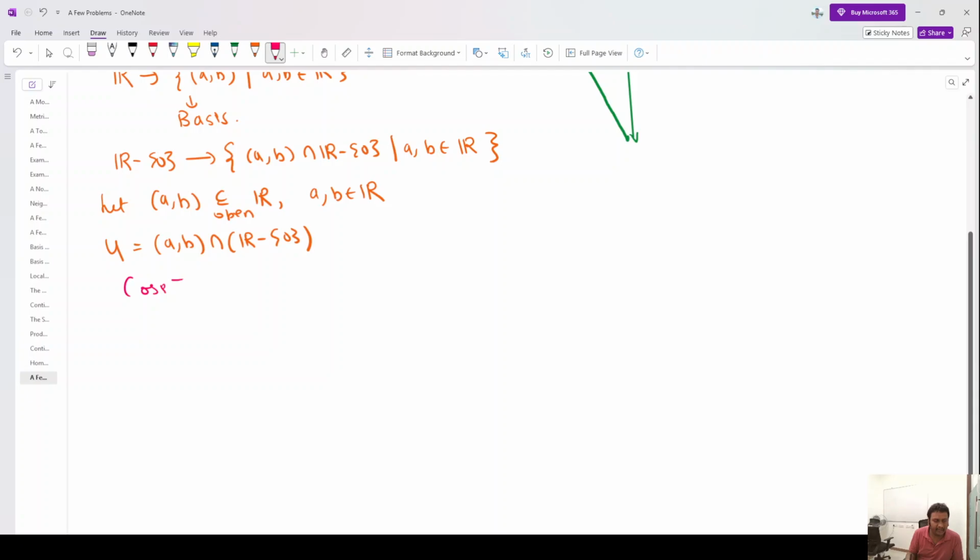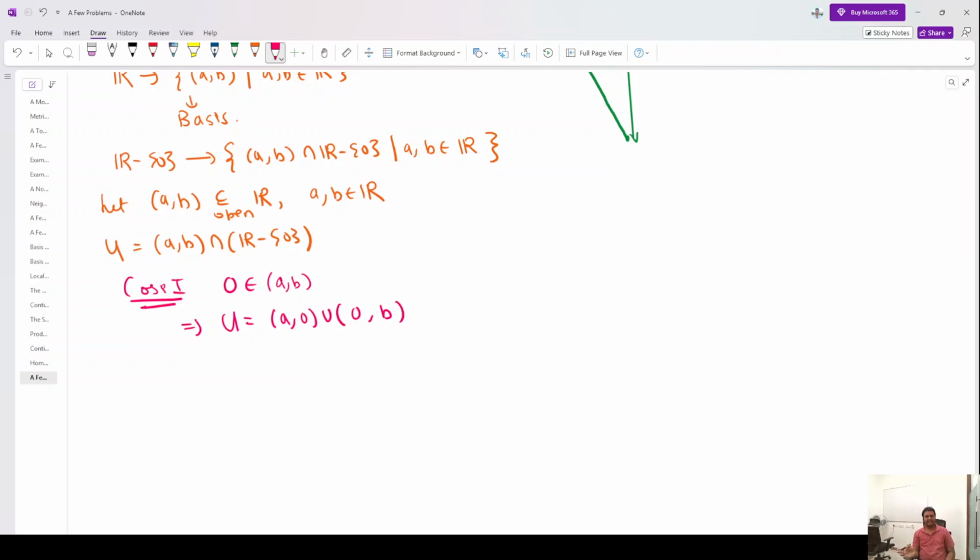Case one would be 0 belongs to (a, b). Sorry, not 0 belongs to U, it cannot be in U. So 0 belongs to the open interval (a, b). Then U has to be of the form (a, 0) union (0, b), right?